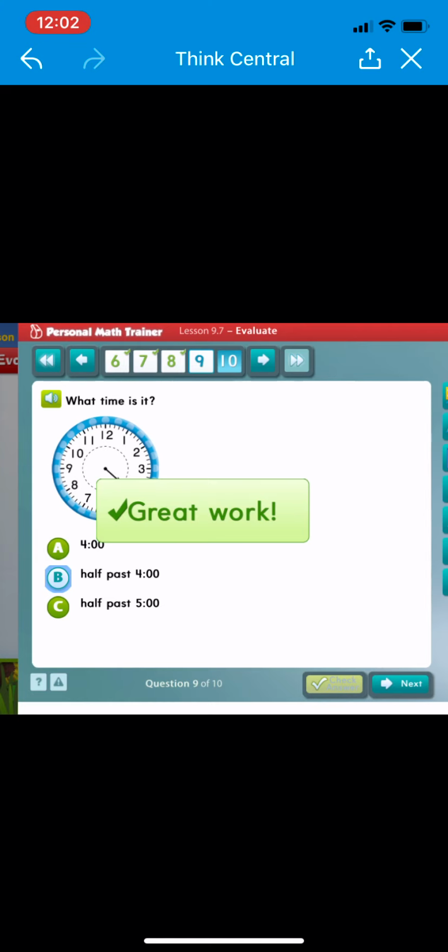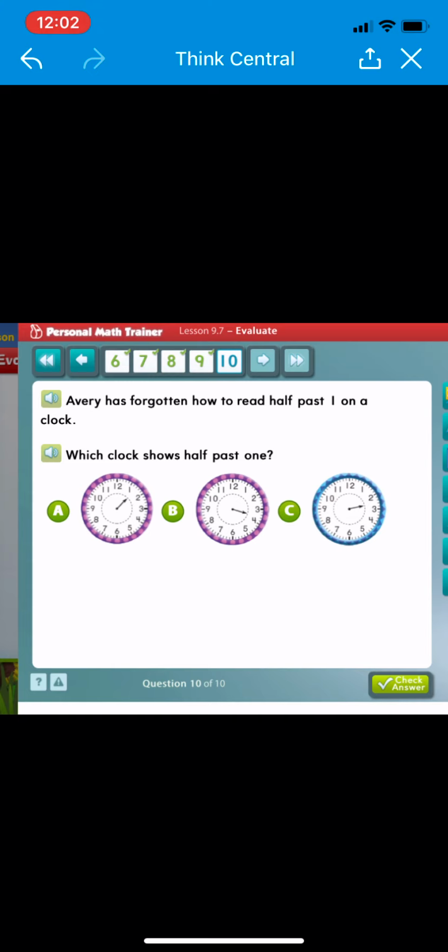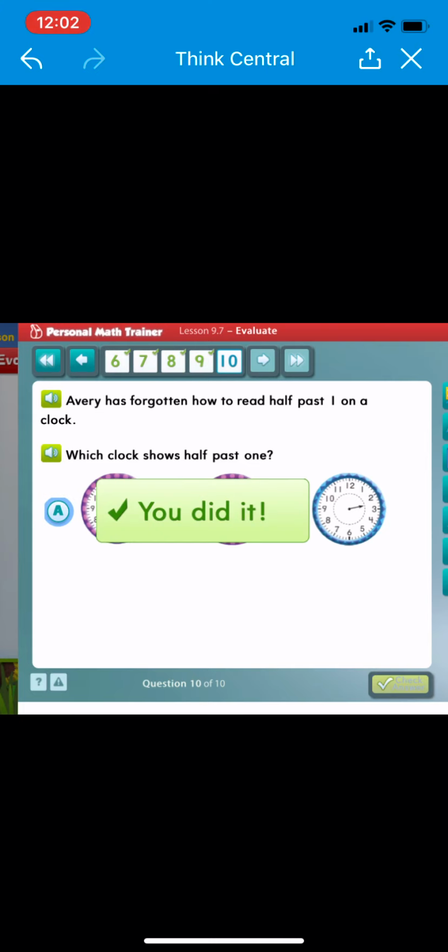Great work! Avery has forgotten how to read 1:30 on a clock. Which clock shows 1:30? You did it!